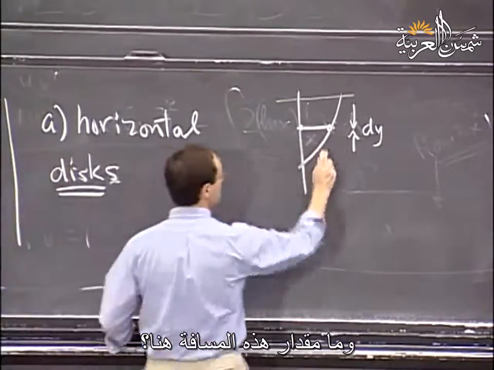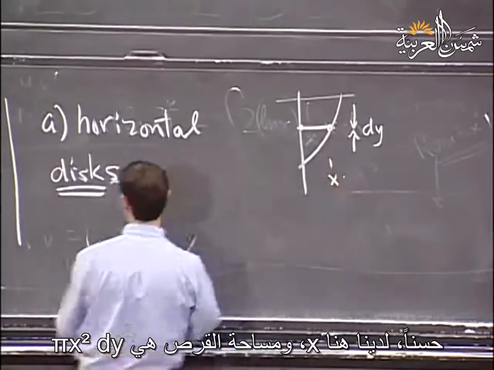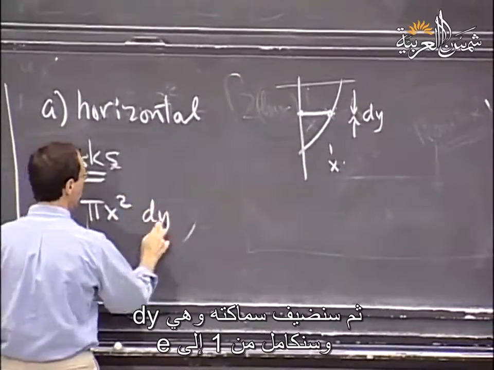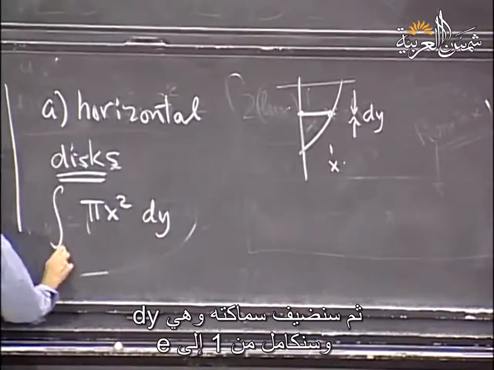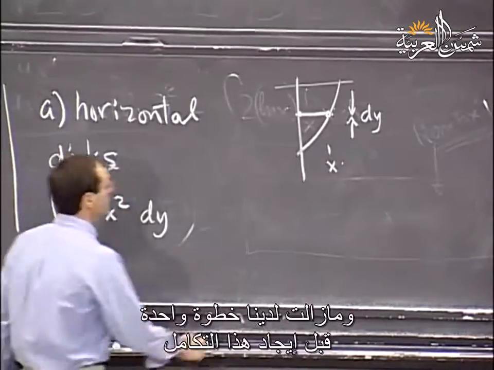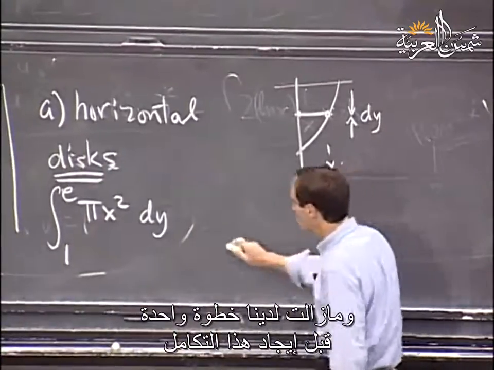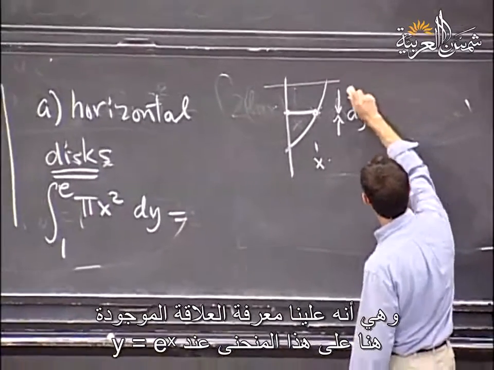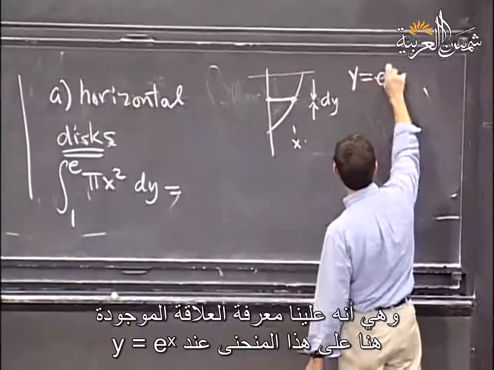And what's this distance here? Well, this place is x, and so the disk has area pi x squared, and we're going to add up the thickness of the disks, and we're going to integrate from 1 to e. So here's our volume. And now we have one last little item of business before we can evaluate this integral, and that is that we need to know the relationship here on this curve that y is e to the x.